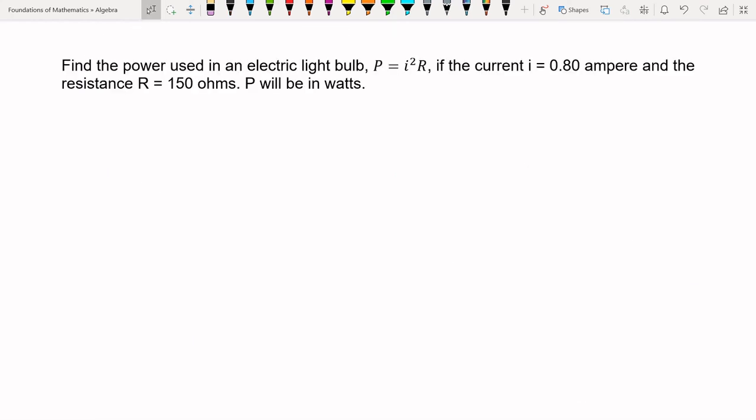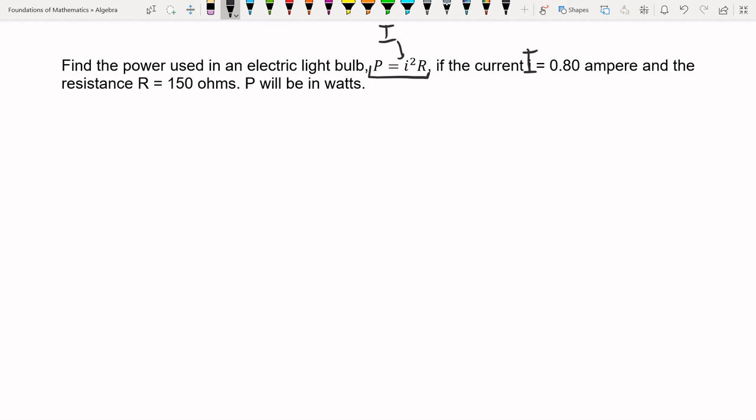Okay, we just have a couple application problems. Find the power used in an electric light bulb. And this is the given thing here. I think I is typically given as capital I. I don't know why the book gave it as lowercase I. That's what I'm used to, is saying the current is capital I. And we're trying to find the power if I, which is the current, is 0.8 amperes or amps, and R is the resistance of the light bulb, which is 150 ohms.